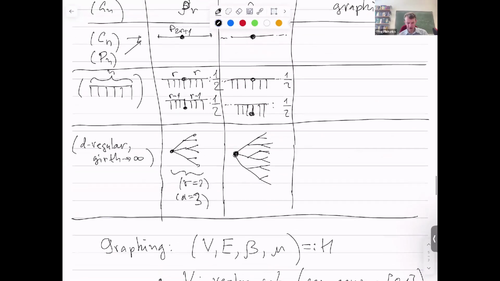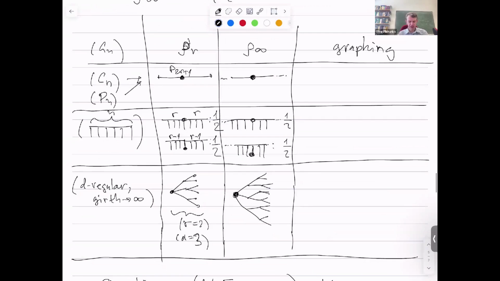But there are many more than just finite graphs. So maybe I'll take a few more minutes just to fill this table. What can I take? I want to have some probability space and some graph such that if I pick a random point, I see an infinite double ray. And one way is the following.